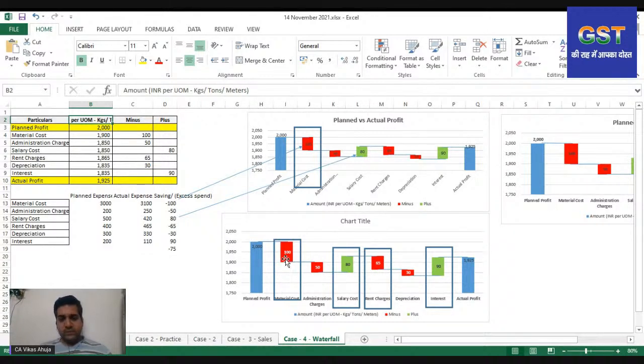Okay, this 100 rupees per unit is because of material price increase, and this can be done for a particular item as well. Let's say for material cost. Now what was my budgeted material cost?